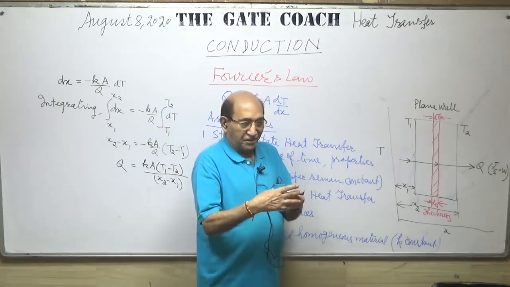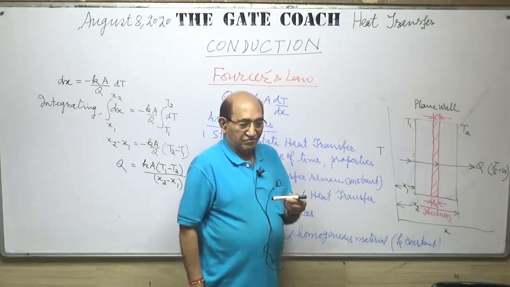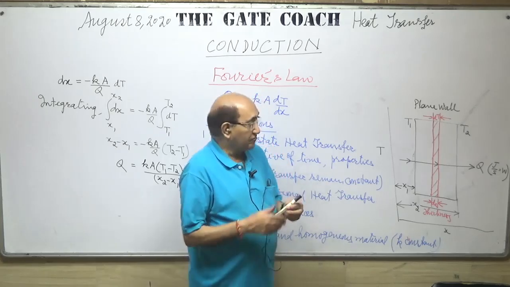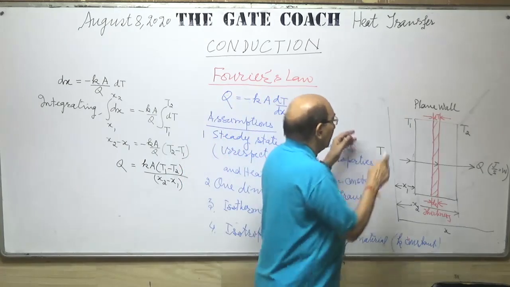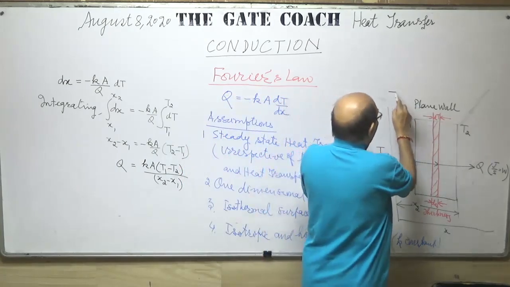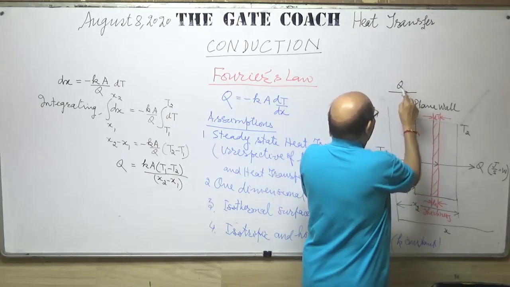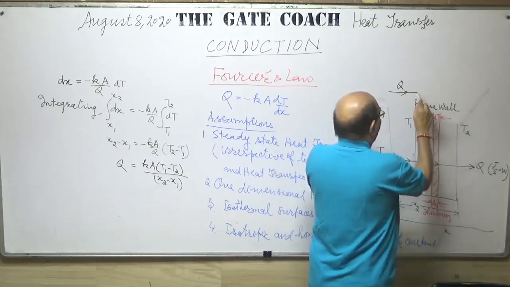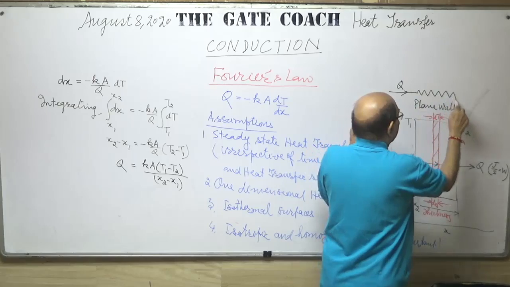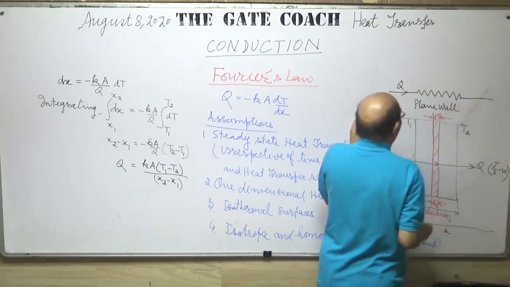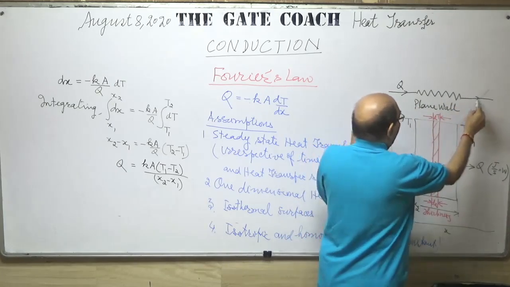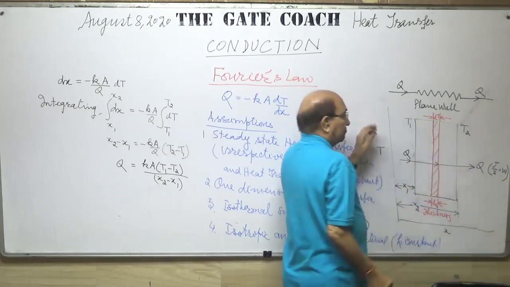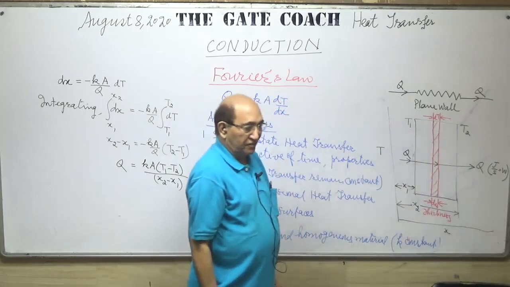Still, because of the temperature difference, the flow is taking place. It may be less or more depending upon the value of K. So I can imagine as if Q was flowing, this material has offered some resistance. Whatever has entered in, the same goes out. Nothing is to be retained.